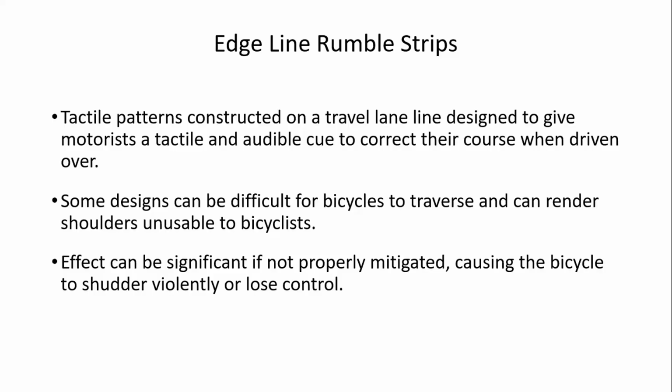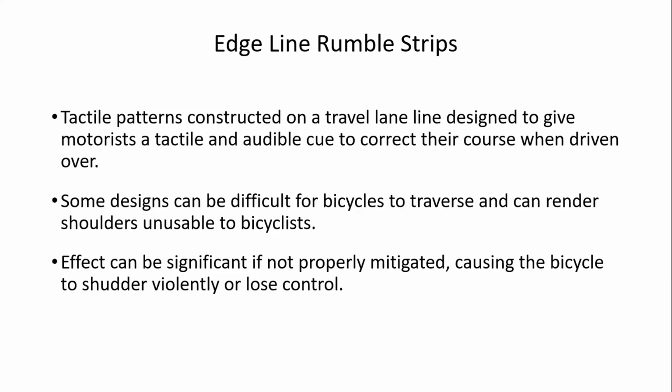But a lot of these designs are difficult for bicycles to traverse and can actually make the shoulder unusable for bicyclists, because the rumble strip, depending on the design, can cause the bike to shudder violently and result in a loss of control, which obviously is serious from the operator's standpoint.